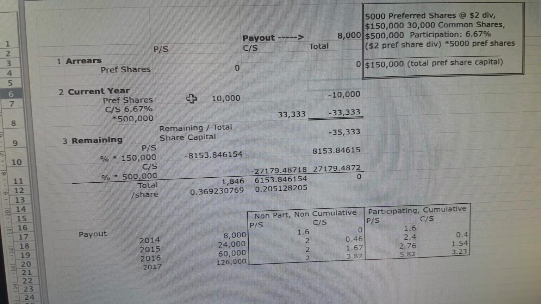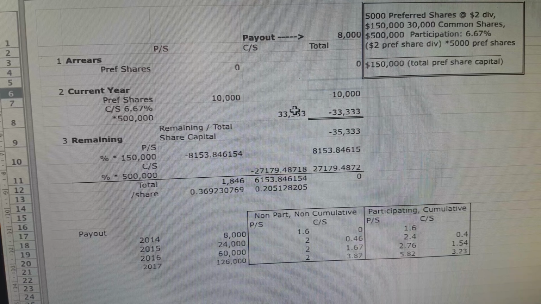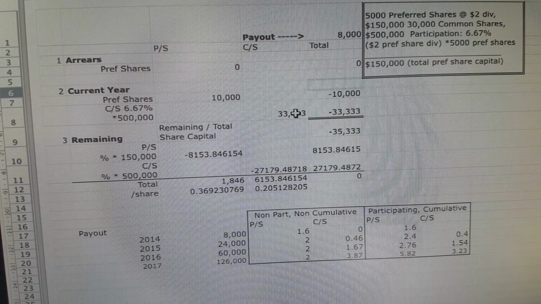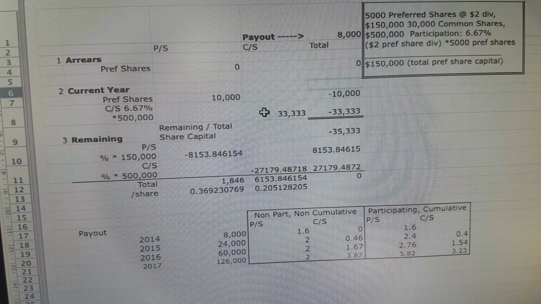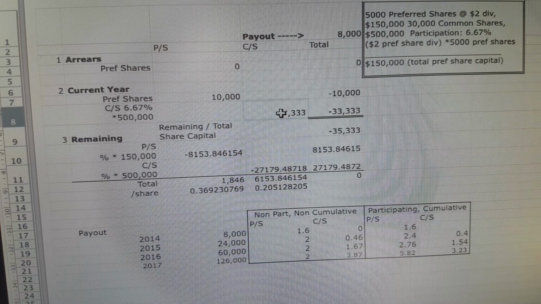So the preferred shares payout is 10,000. I've stated that. This part right here is taking into consideration the participation of the common shares, but they're non-participating in part A, so I'm going to delete that out.